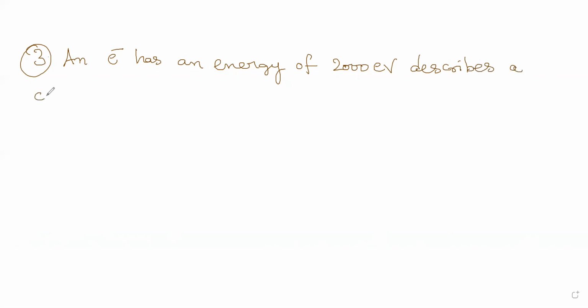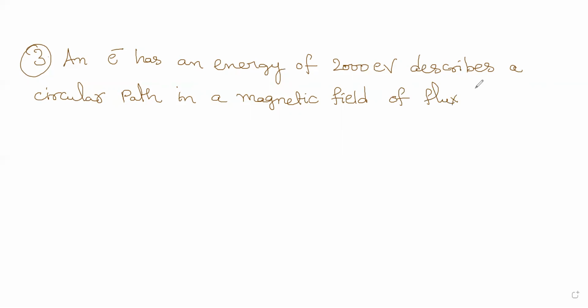The next one. An electron has an energy of 2000 eV, describes a circular path in a magnetic field of flux density 0.2 Tesla.